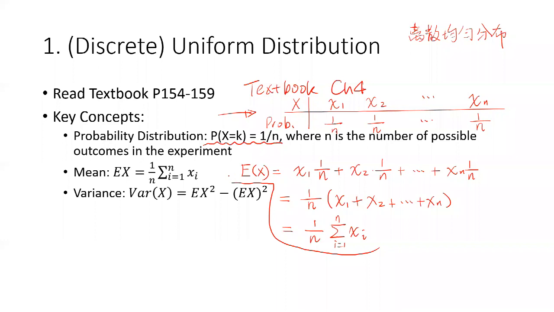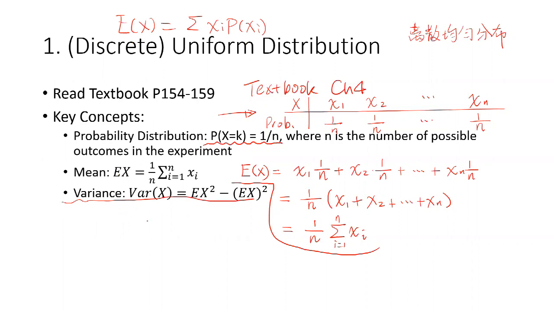If you do not like this formula, you can use the original formula. That is, E(X) is the sum of each value multiplied by the corresponding probability. There's no problem because the original formula is applicable to any circumstances, right? As to the variance, there is no simple way to calculate the variance.